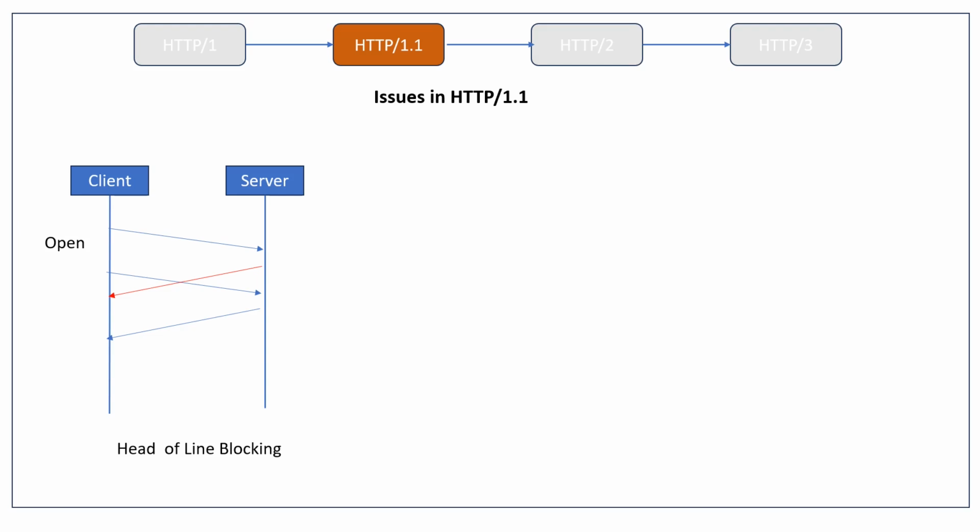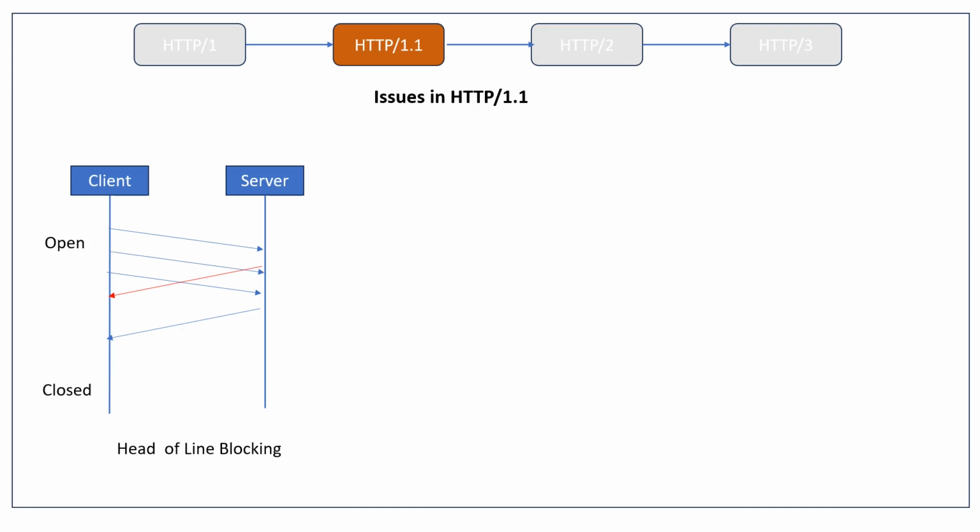It will delay every request's processing, because the initial request is taking time. It's going to block all the requests. So it is a problem, right? It might add latency and delays in loading the web page.